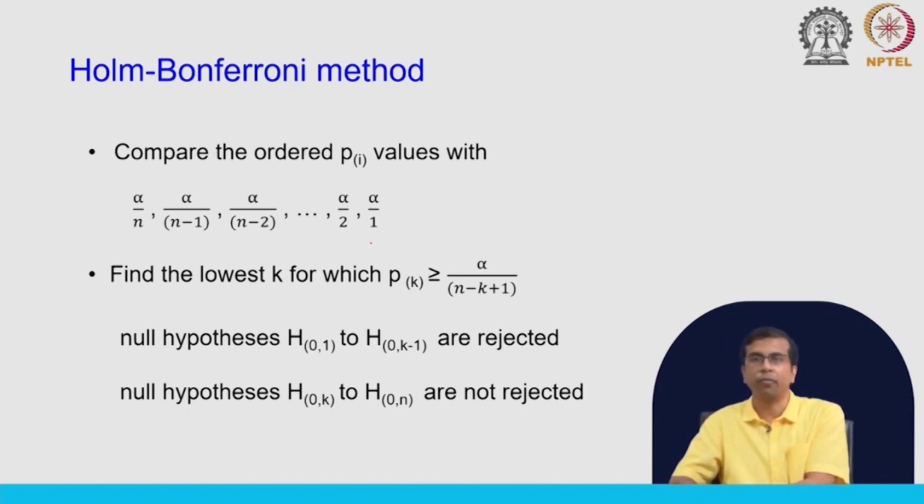That is why we find this lowest k for which this condition is satisfied, and then we reject the null hypotheses h naught 1 to h naught k minus 1, and we do not reject h naught k to h naught n. So, again this method is less conservative. As you can see, we are changing the threshold for calling significance from most stringent to less stringent, based on the p value ordering.